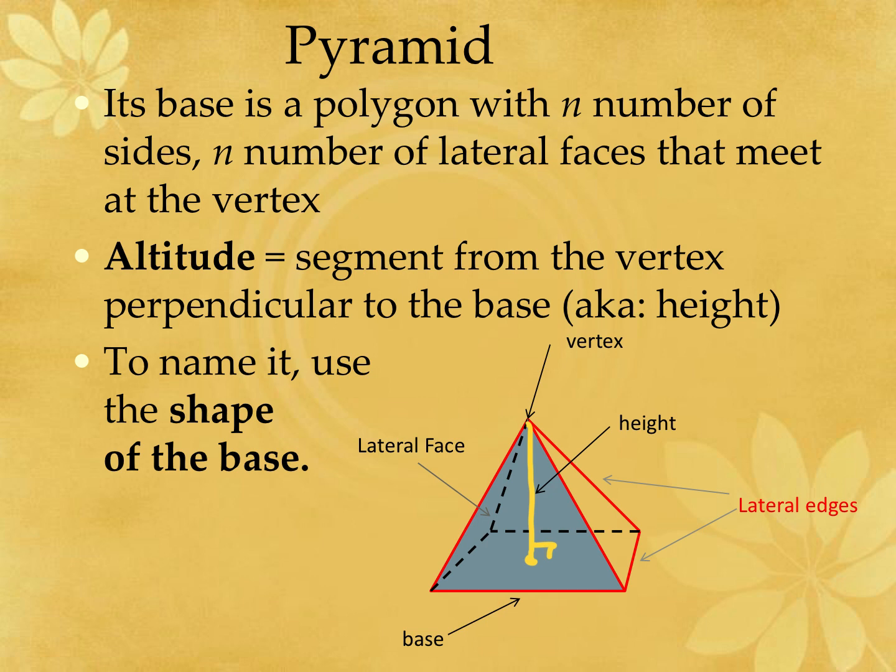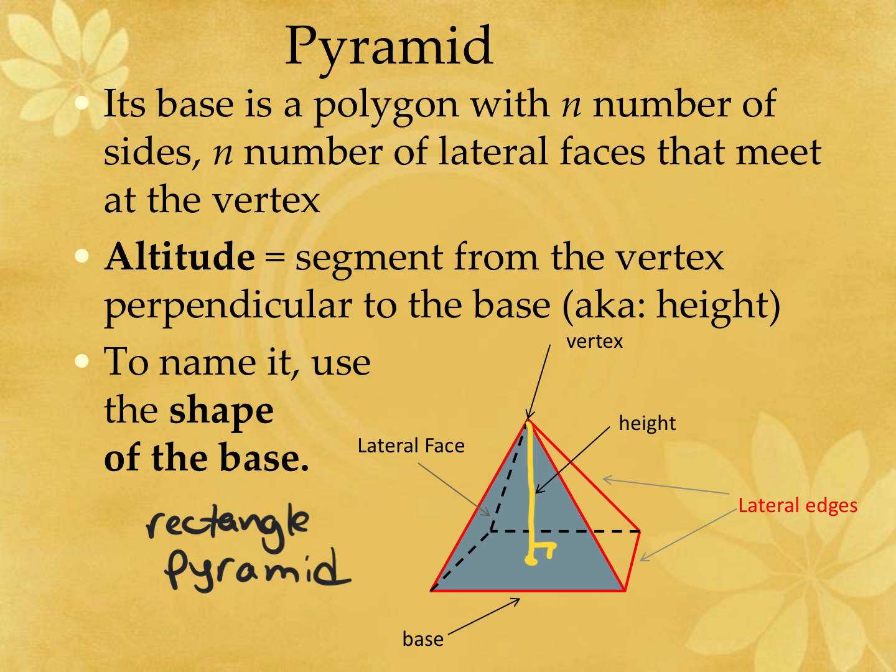And again, for the base shape here, as long as they give me congruency marks, I could say it's a square. But in this case, because I don't have any congruency marks, I would say that this is a rectangular pyramid, because I don't know if all 4 of those sides in the base are congruent or not. And again, you will name the pyramid based off the base shape.